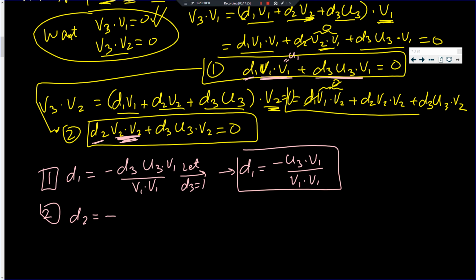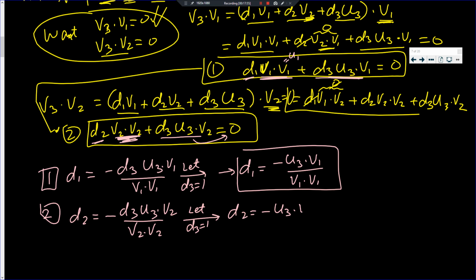It is equal to, when we bring this to the other side, negative D3 U3 dot V2 all over V2 dot V2. But if we let D3 equal 1, then D2 is negative U3 dot V2 over V2 dot V2.